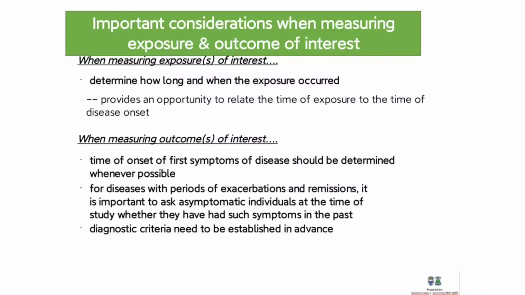Or what if nagka-lung cancer siya dati, and then natanggal yung tumor, okay, gumaling siya, nag-study ka at this particular point wherein gumaling na siya, and then after a few years, no, tapos na yung study mo, nag-remit, no, bumalik yung kanyang lung cancer. So basically, it's really difficult. So kailangan talaga you have a thorough research of your disease outcome, as well as syempre pati na rin yung exposure mo tsaka yung at-risk population mo.